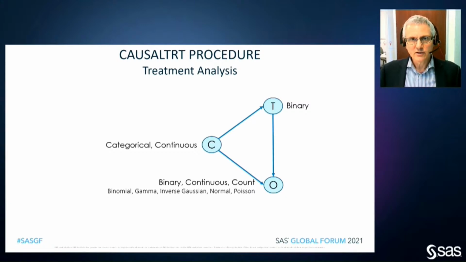Those covariates, again, are the confounders identified by PROC CAUSALGRAPH. We also learned that you can conduct a weighted analysis using those propensity scores. PROC CAUSALTRT can fit both of those models at the same time and produce robust estimates of causal effects.